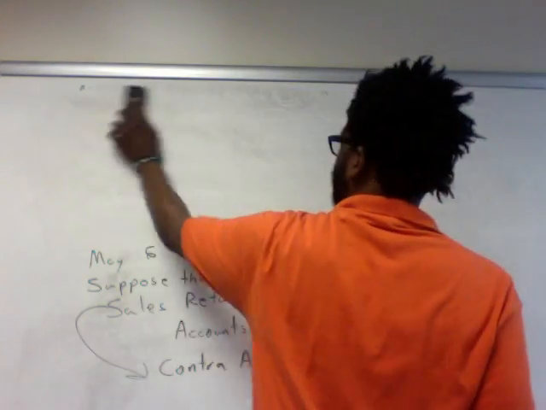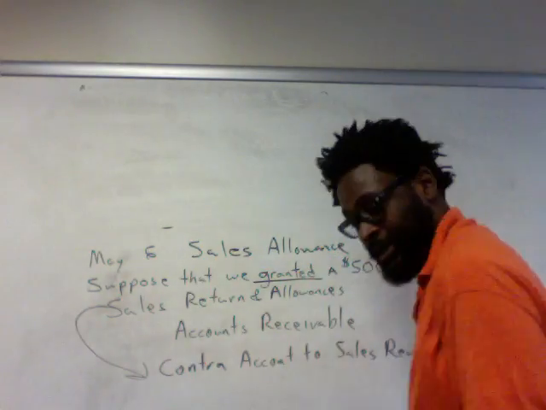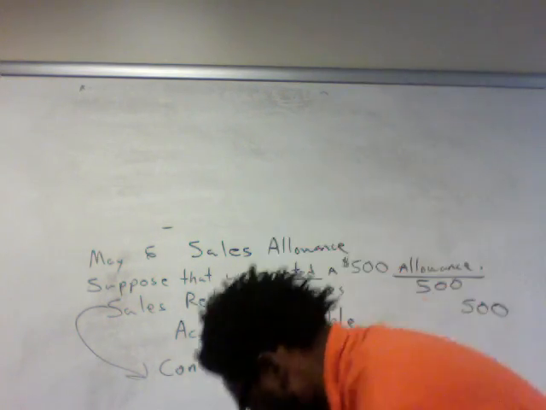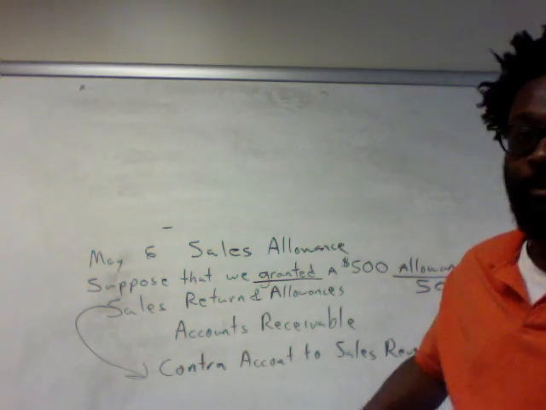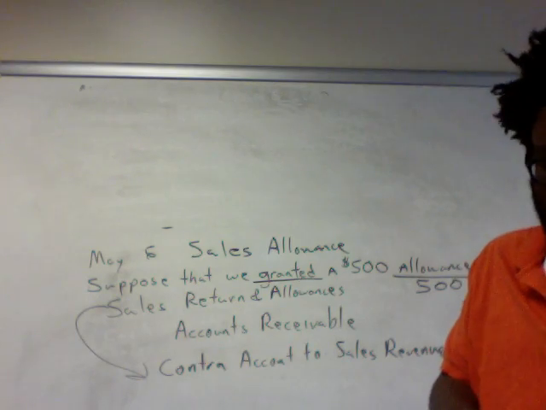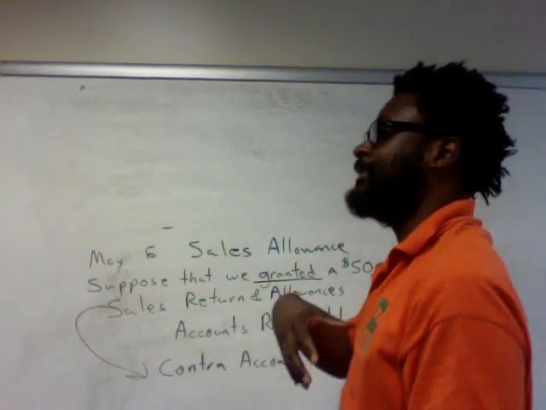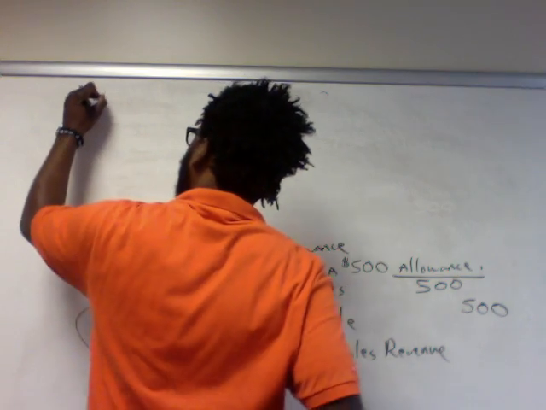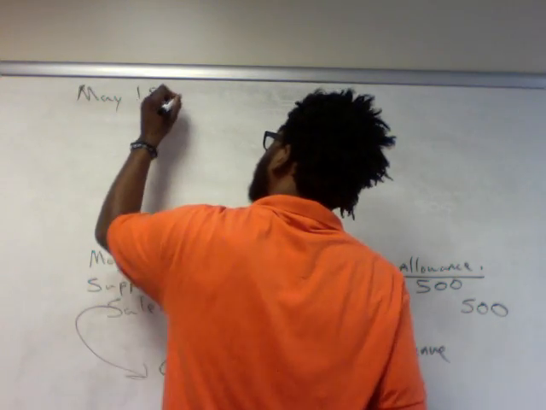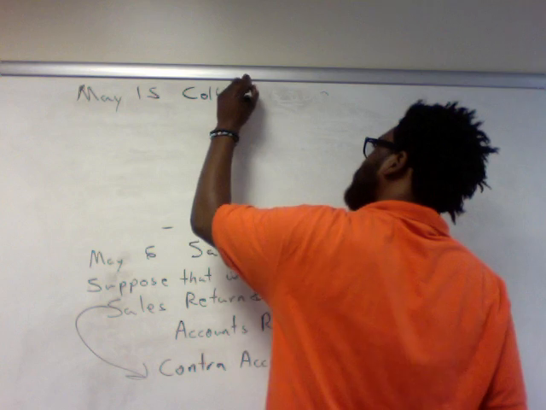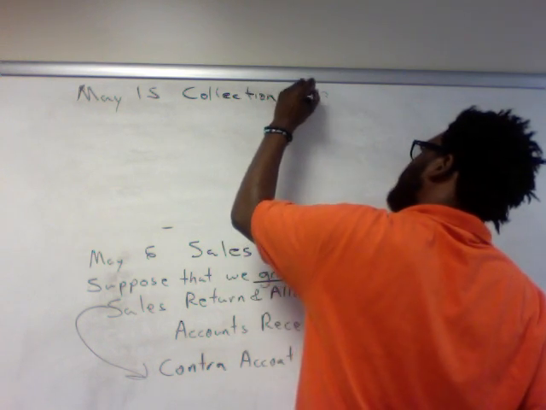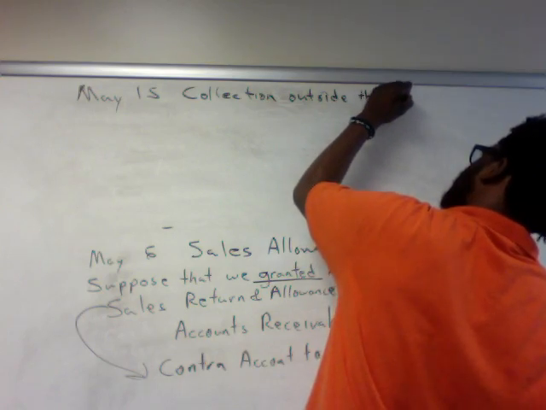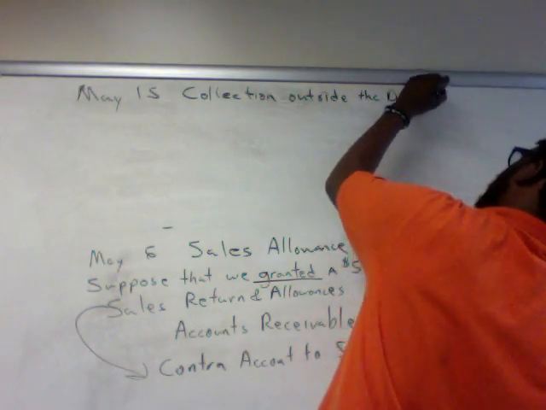So let's wrap this up and identify collecting outside of the discount term. So let's assume that it's May 15th, and this is a collection outside the discount term. Remember, we had 10 days.